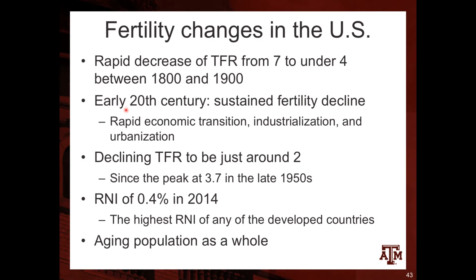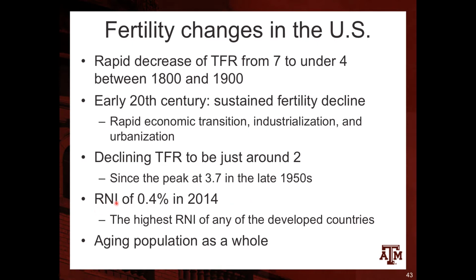And in the early 20th century, we have seen a sustained fertility decline, and that's usually related to the rapid economic transition, industrialization, and urbanization in the country. The TFR is nowadays around 2 children per woman, and so it dropped to only 2 in more recent years after reaching 3.7 in the late 1950s, and then it went down to 2 children per woman.